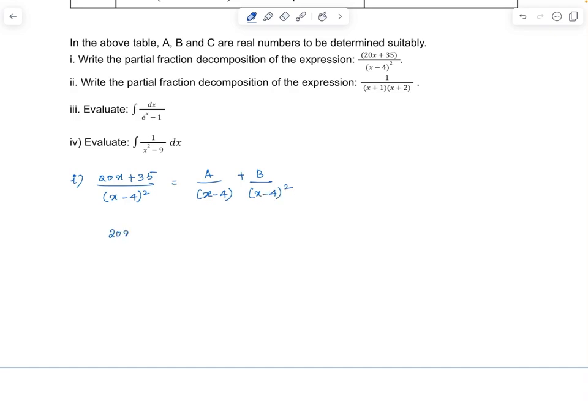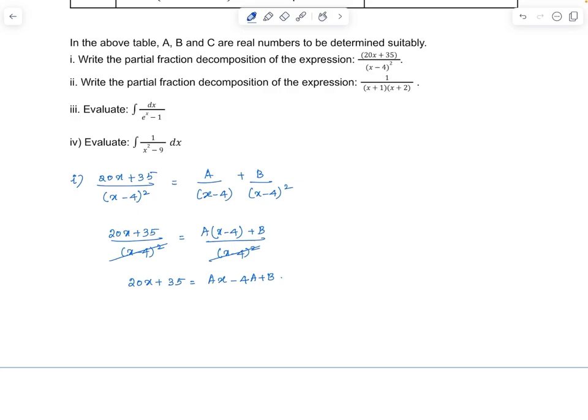So 20x plus 35 upon x minus 4 the whole square is equal to A times x minus 4 plus B upon x minus 4 the whole square. Now that the denominators became equal, it can be cancelled. 20x plus 35 is equal to Ax minus 4A plus B.